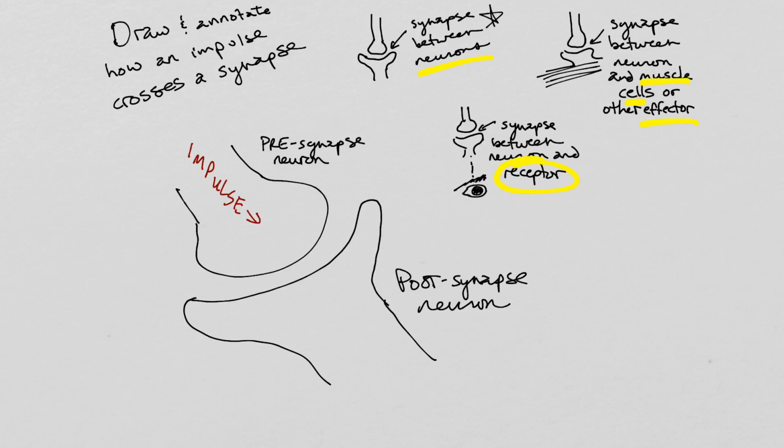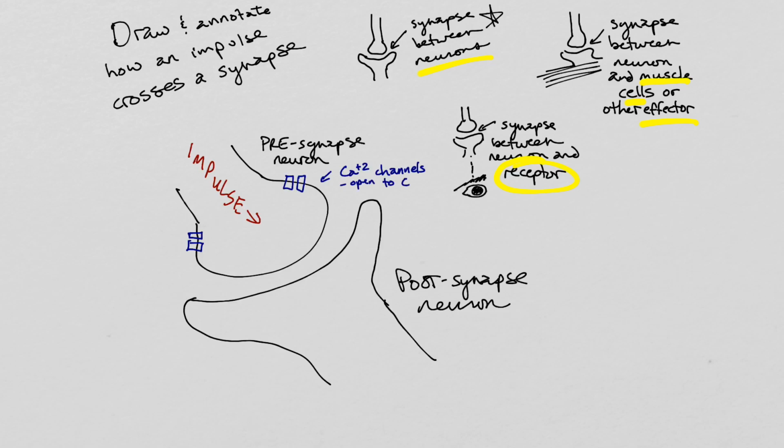Now, in the membrane of this presynaptic neuron is a channel protein, and these are calcium ion channels. They are voltage gated, which means that when the impulse reaches them, they change because of the voltage and open up.